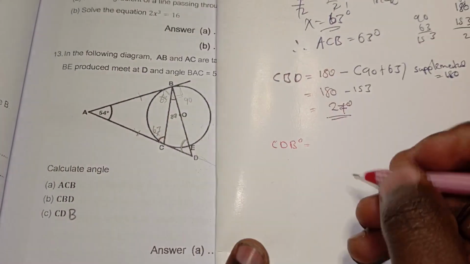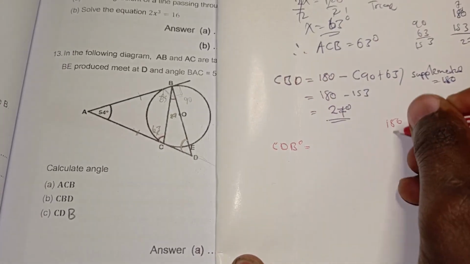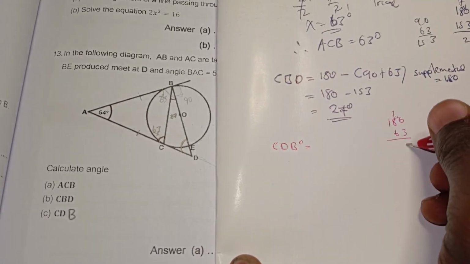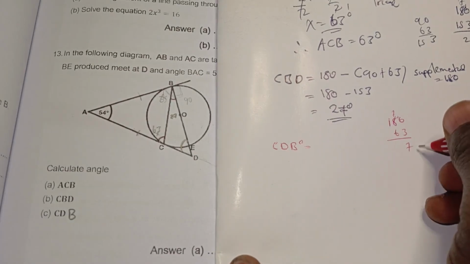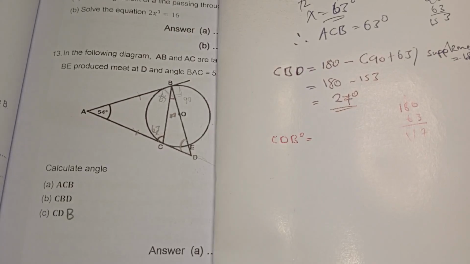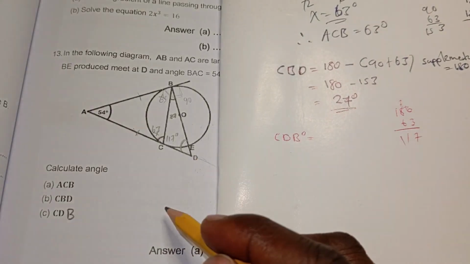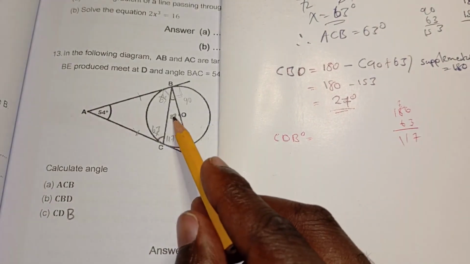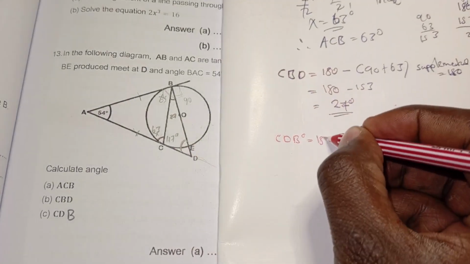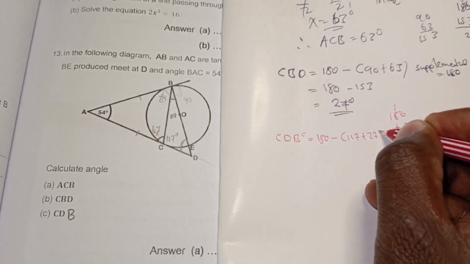So we say 180 minus 63 to be 117. So this means that this is 117. So when we add 117 plus 27, we subtract them from 180. So we say 180 minus (117 plus 27).